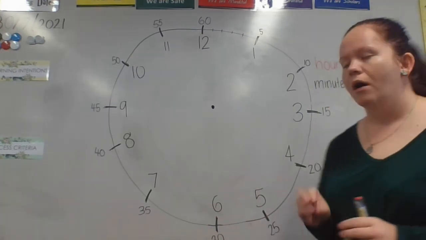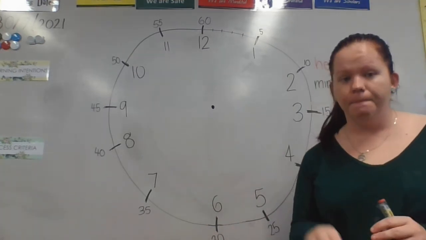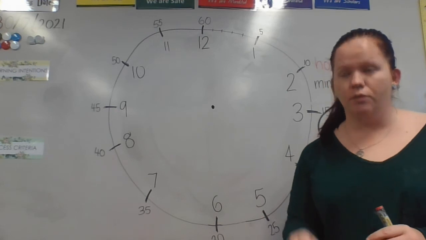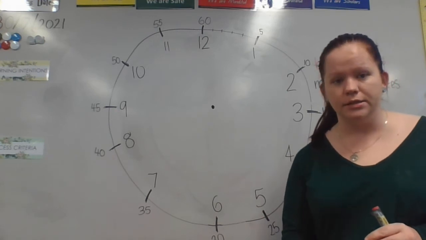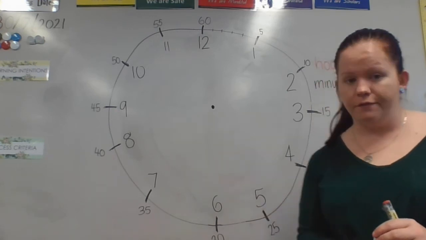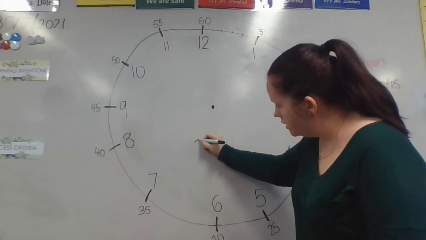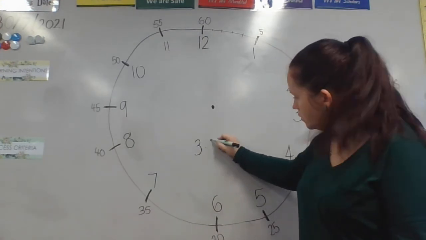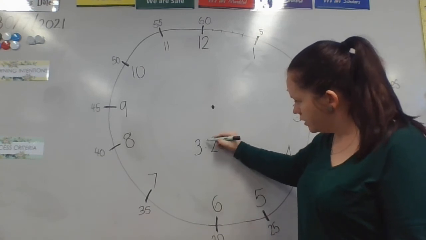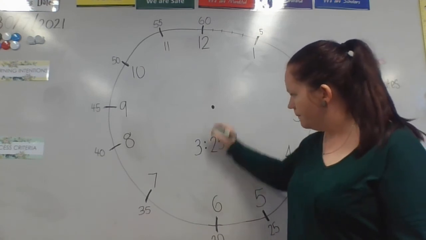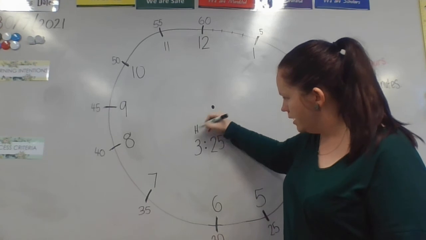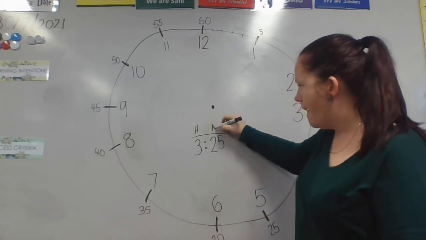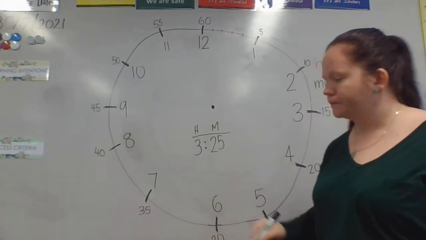That's a bit silly. We are going to find the number for the time. So we are going to pretend that the time is 3:25. So I'm going to write the number 3, 2 dots, 25, because those dots show us which is the hour time and which is the minute time.